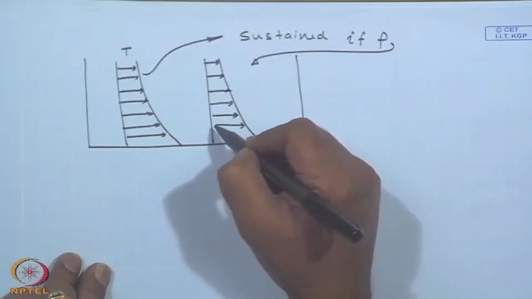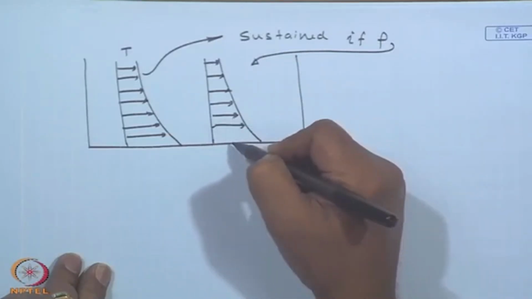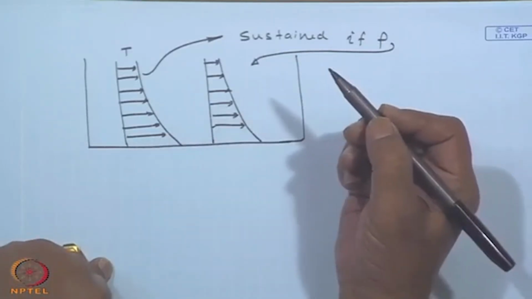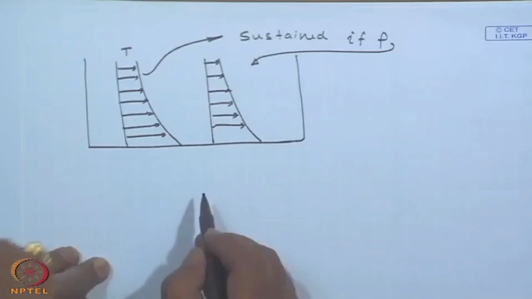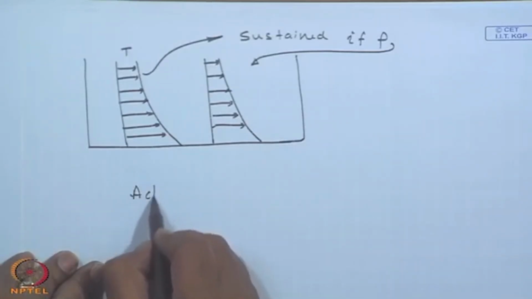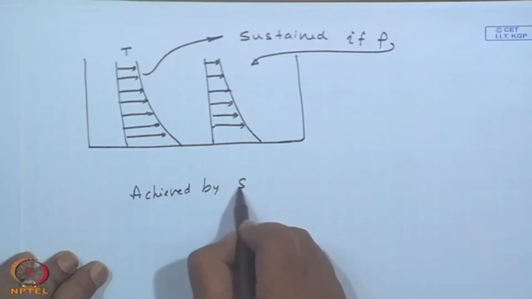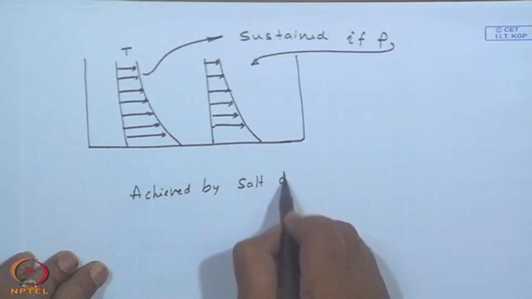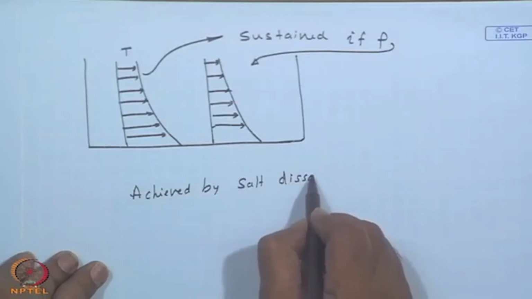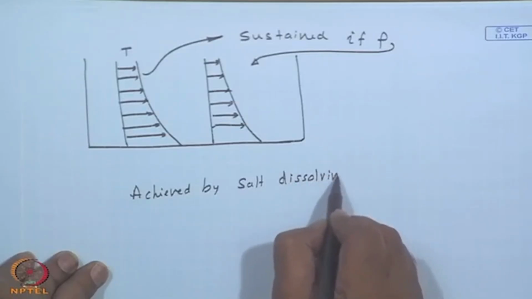So I want a higher density fluid at the lower level, even though the temperature is higher. So this is achieved by salt dissolution, dissolving.